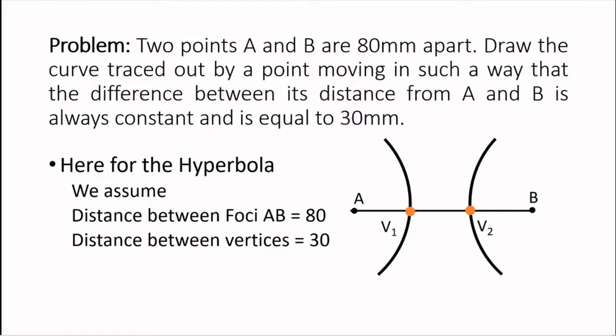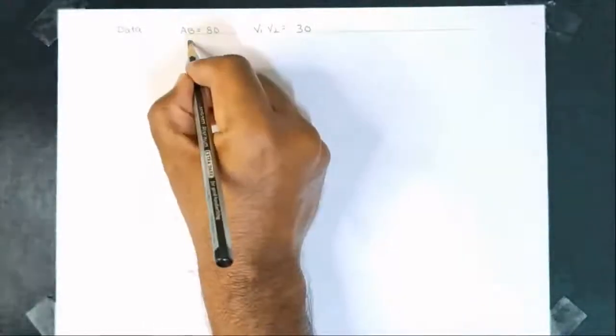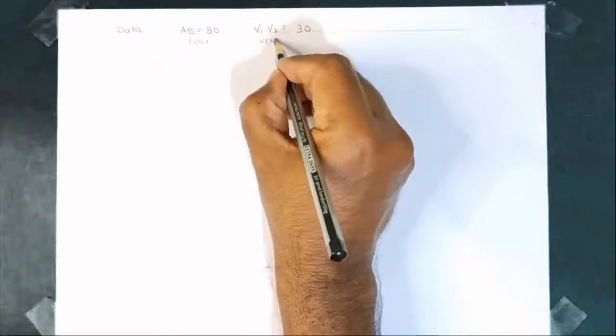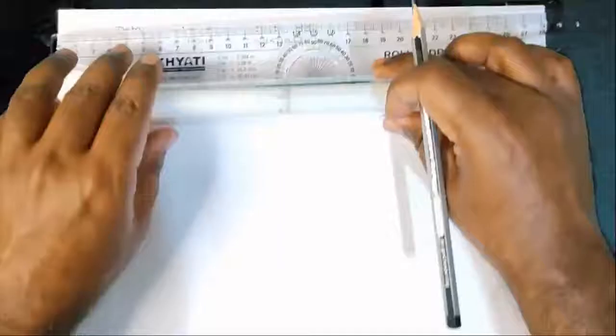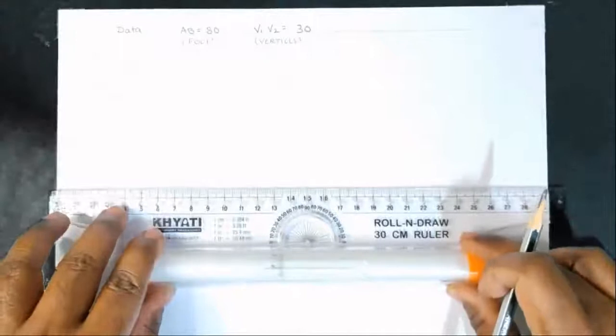So now let's start with the actual construction, which starts with data interpretation: AB is the foci and V1 V2 represent the vertices. I draw a horizontal to start the problem and take the distance AB on it.